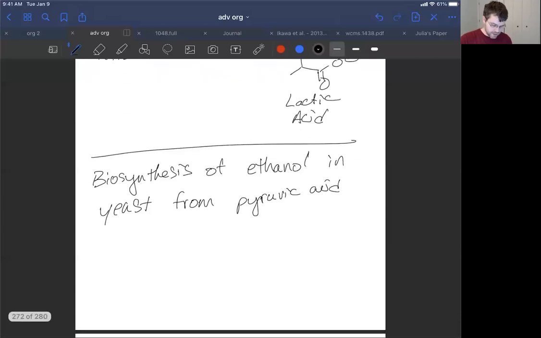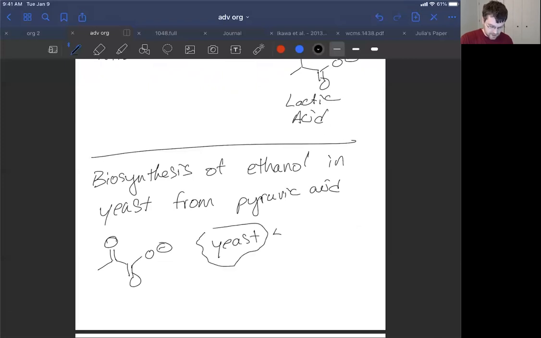Okay, so we're going to take pyruvic acid here, and we're going to say, need more NAD+. The yeast says, and I don't know how to draw a yeast, I need more NAD+. So we feed it some sugar, and it converts all that sugar into pyruvate.